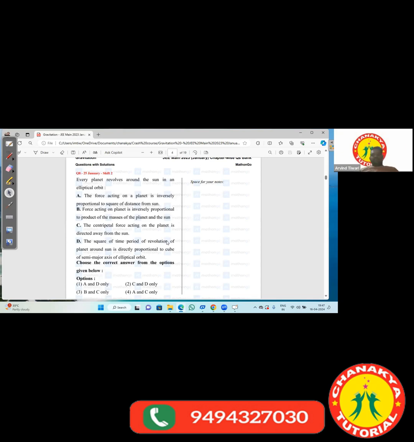C: The centripetal force acting on the planet is directed away from the sun. D: The square of the time period of revolution of the planet around the sun is directly proportional to the cube of the semi-major axis of the elliptical orbit. Okay, so what options are correct here?